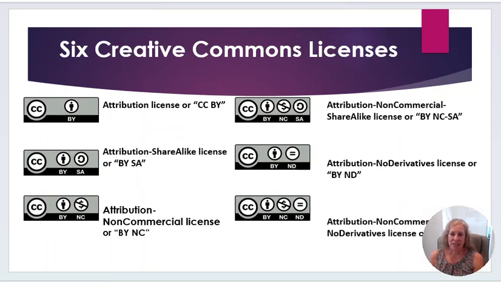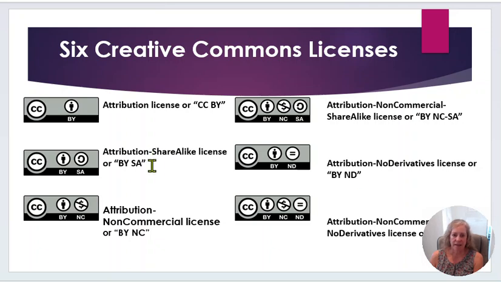And then there's 6 Creative Commons licenses that are here. So these license elements combine to form these 6 licenses. So the first one, the attribution license, or CC BY, requires the author attribution, of course. And the use of the author's work can be for anything, commercial or non-commercial.